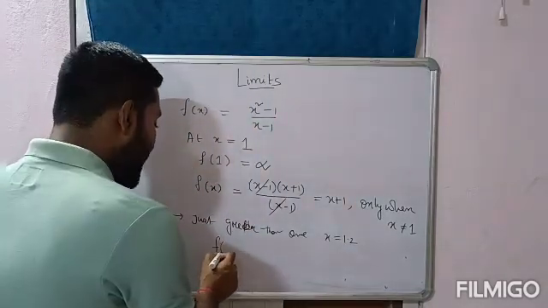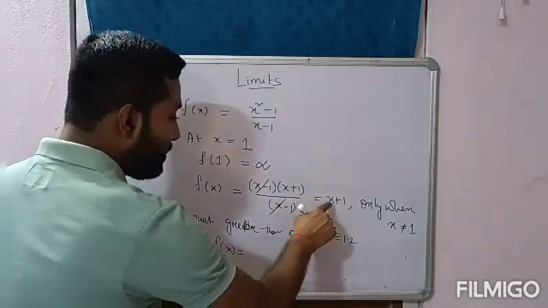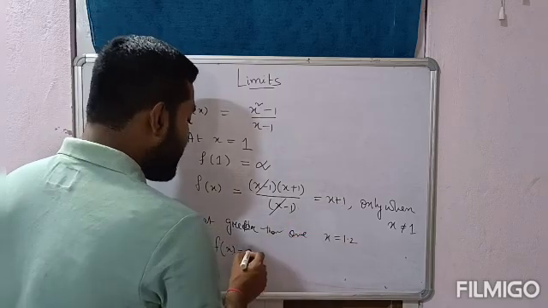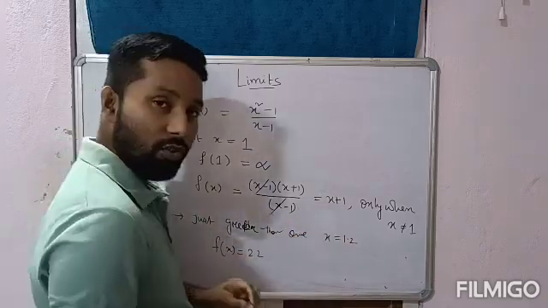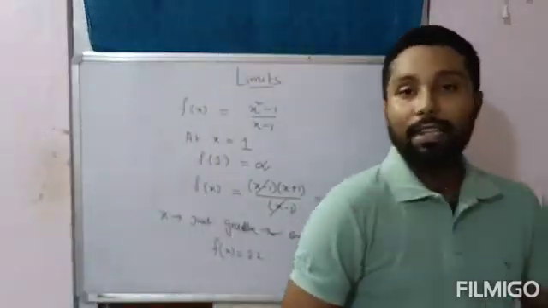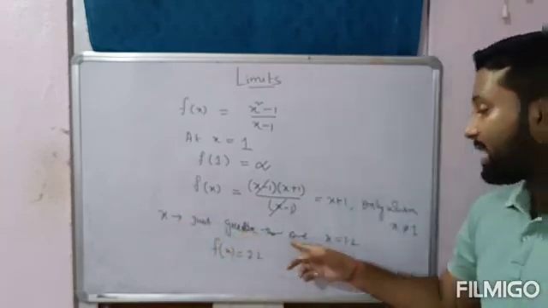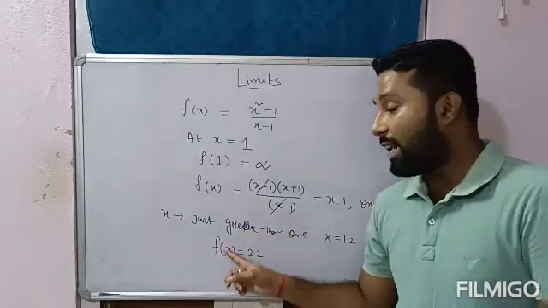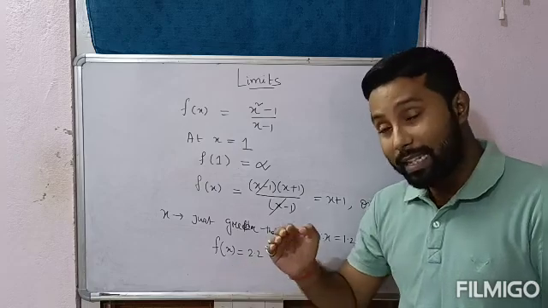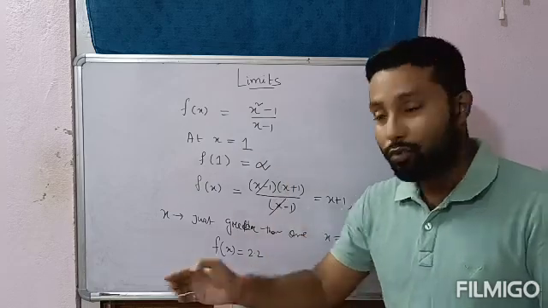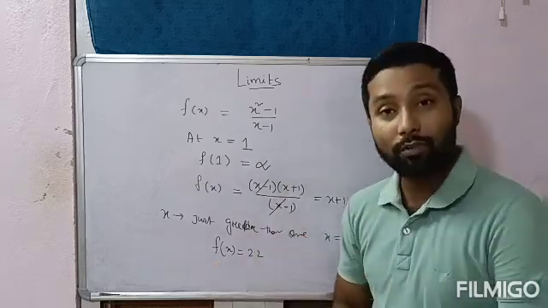The value of f of x will then be 1.2 plus 1, which means 2.2. Yes or no? So here we can say that if we take a value of x just greater than 1, then the value of f of x will be slightly more than 2, because 2.2 is slightly more than 2 only.